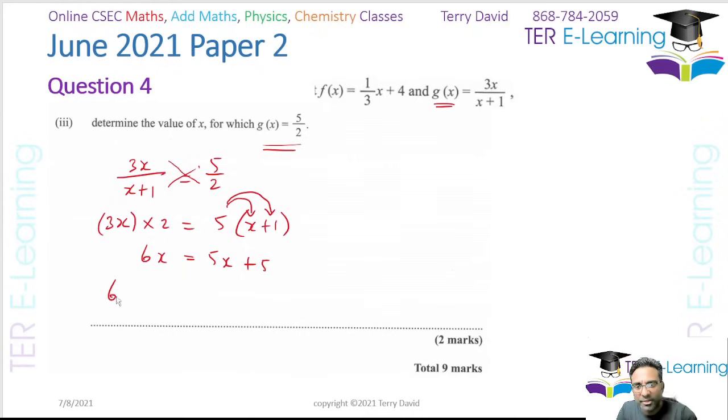So therefore this is going to be 6x minus 5x is equal to 5. 6x minus 5x is going to give me x. So therefore x is equal to 5. So that's my answer there, guys.